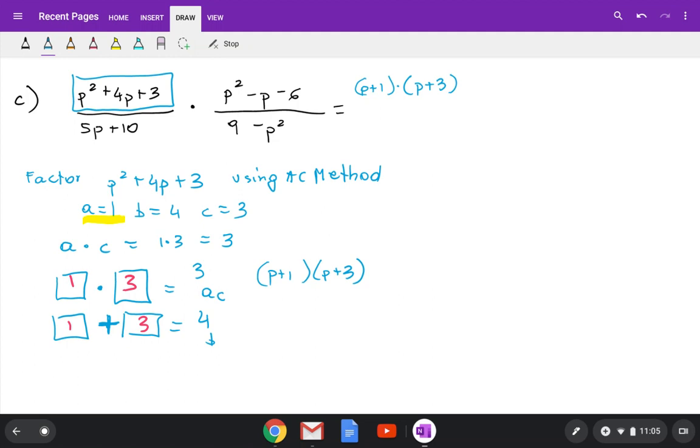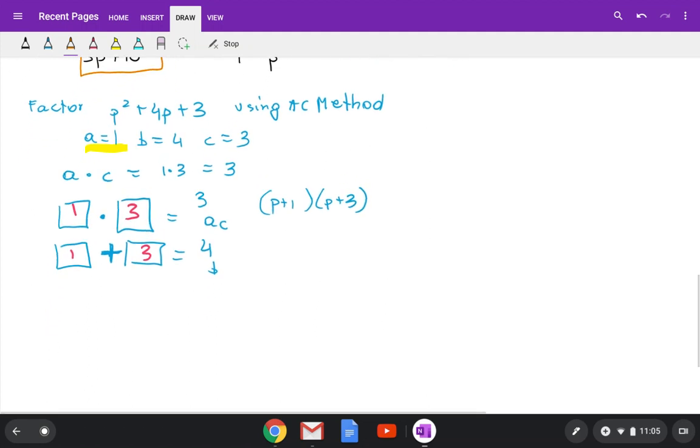Okay. Next, I'm going to factor 5p plus 10. So factor 5p plus 10, the greatest common factor is 5. So we're going to factor 5 out, and you're getting 5p divided by 5, which will give you p, plus 10 divided by 5 will give you 2.